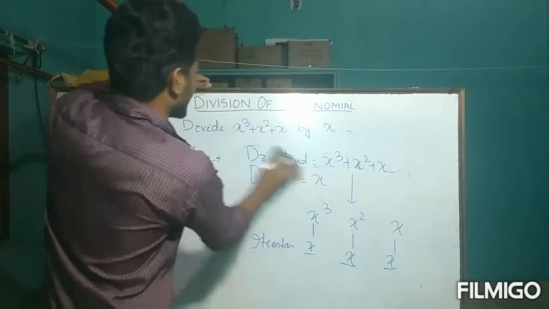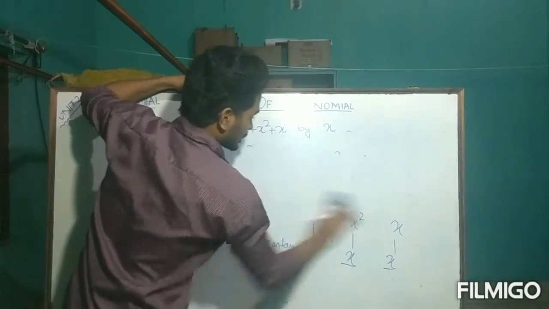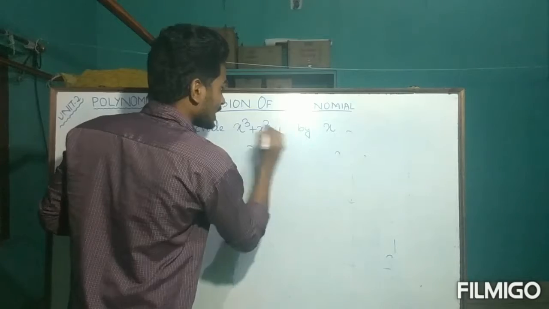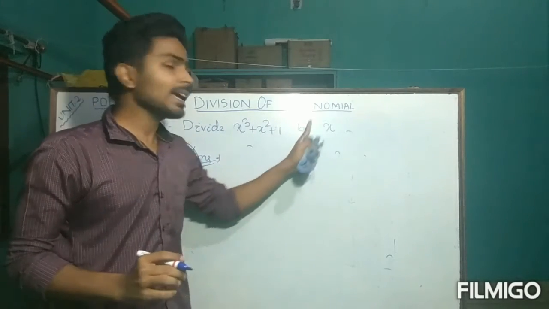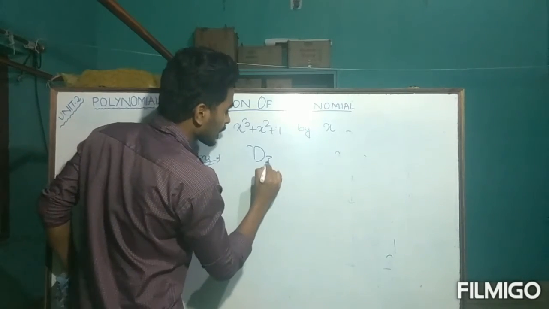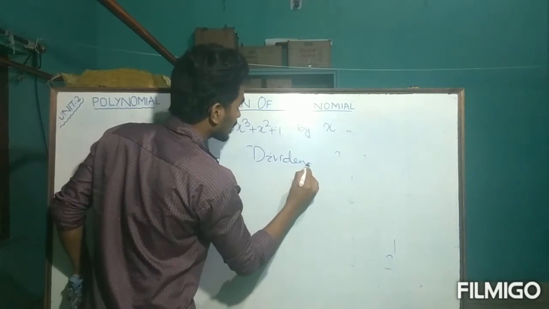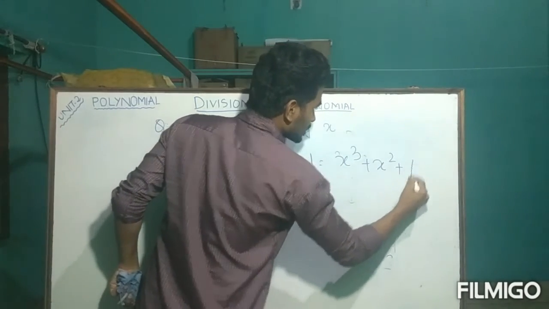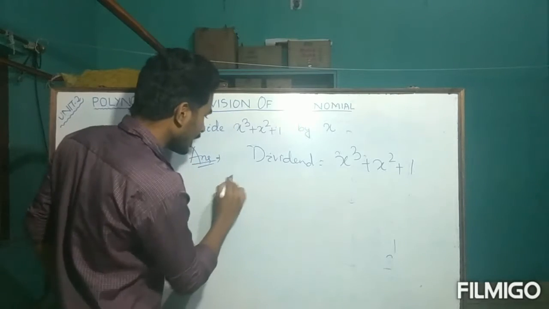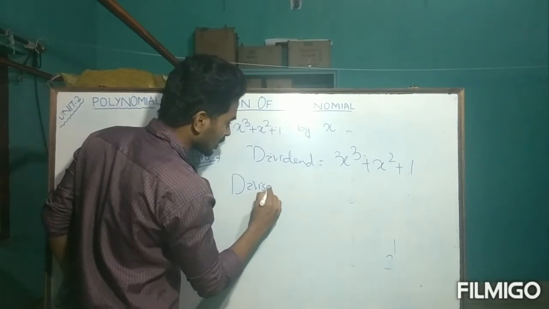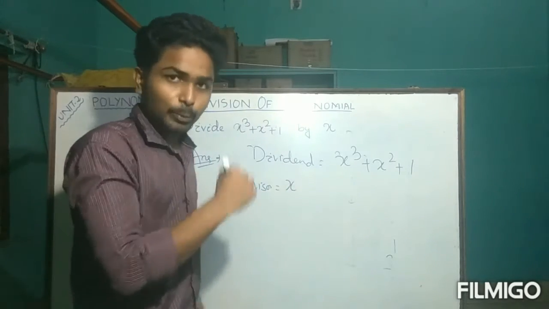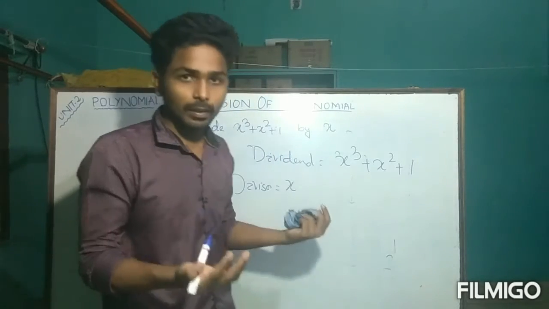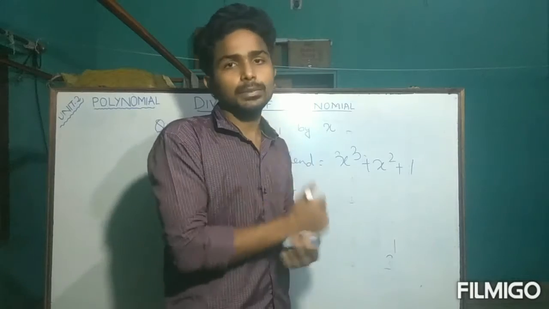Okay, let us do one more example so that you can easily understand. Suppose the question is like this: divide this by x. Here the dividend is x cube plus x square plus 1. Clear? And the divisor is x. Now we have to determine whether x is a factor of this or not without doing the long division method.